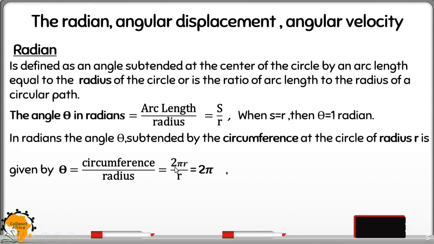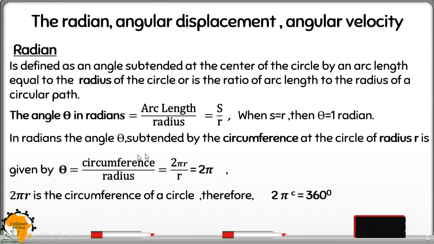To get the circumference, we have 2 pi r, and our radius is r. This r and r will cancel out, so this angle theta will be equivalent to 2 pi radians. But we know that the angle subtended by the circumference at the center of the circle is 360 degrees. Therefore, it means that 2 pi radians is equivalent to 360 degrees.